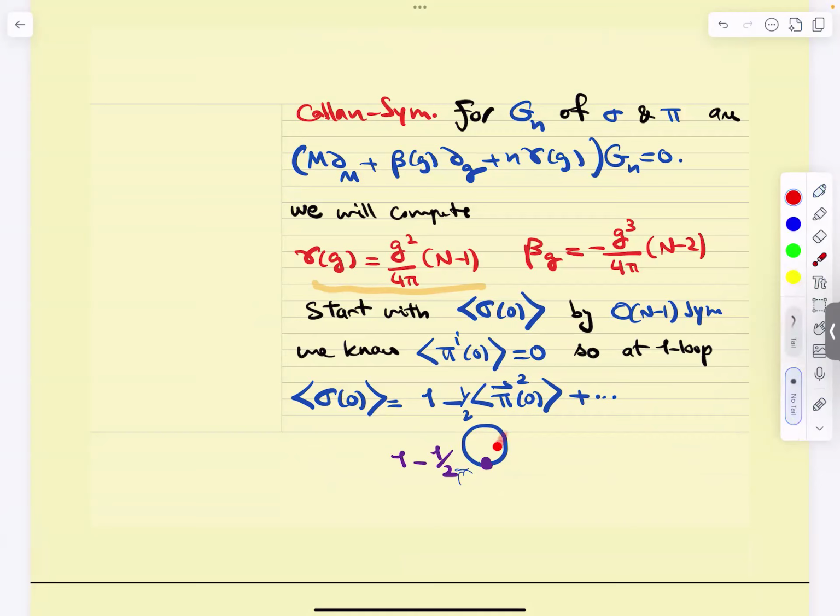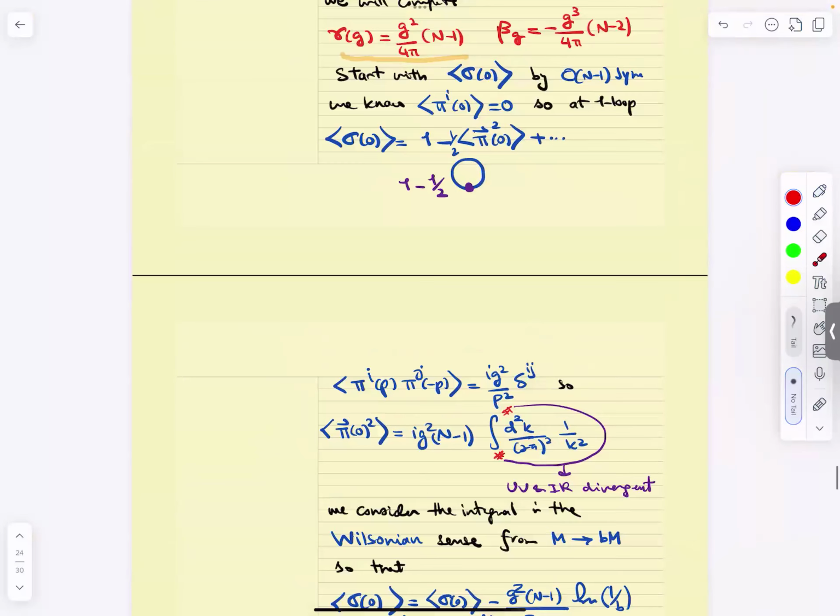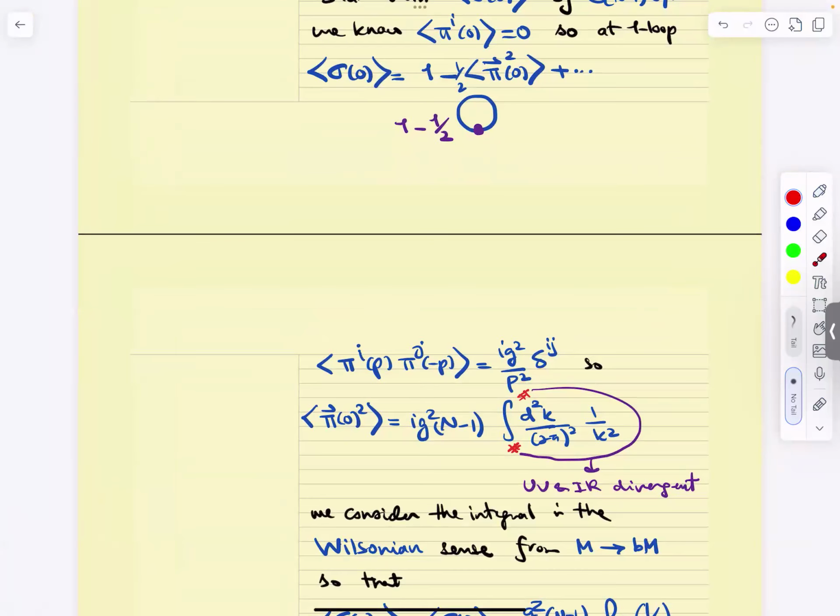What is this diagram? Now we're going to do this calculation from the point of view of the interacting field theory of pi's. So this is this Feynman diagram at 1 loop. All right. Let's calculate it. What's the propagator for pi i pi j? It's just i g squared over p squared delta ij. There's no mass.